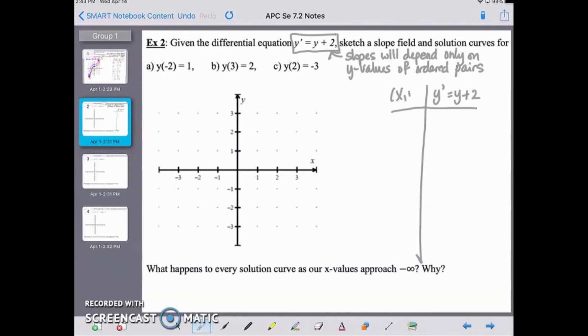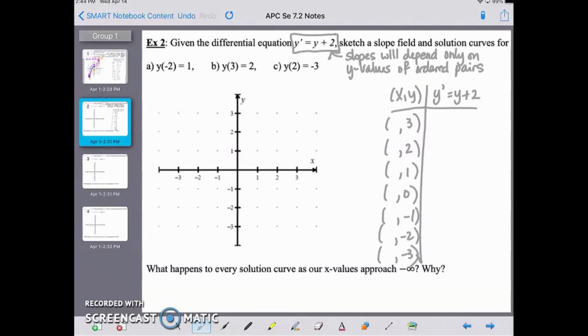And over here, I'm just going to start putting ordered pairs. Now, since my slopes only depend on the y values, I don't really care what x is, right? I'm going to build my table based on my y values. So something comma 3, something comma 2, something comma 1, something comma 0, -1, -2, and -3.